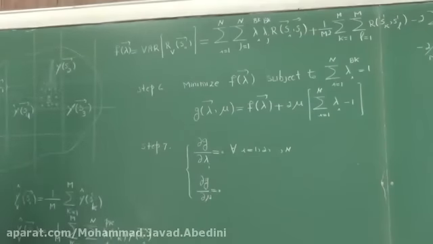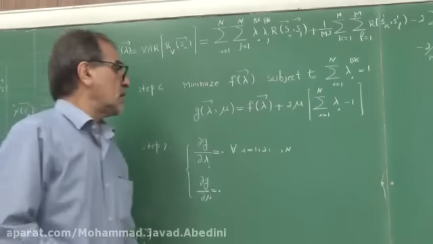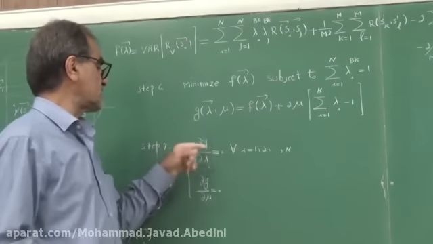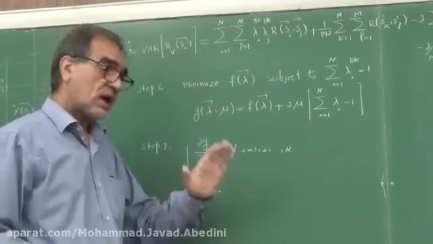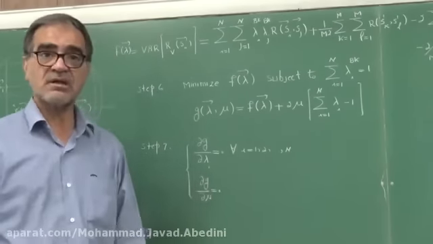Here you have n plus 1 equations with n plus 1 unknowns. What I am going to do is to take the partial derivative of G with respect to lambda i, divide both sides by 2, and then put the known on one side and the unknown on the other side.